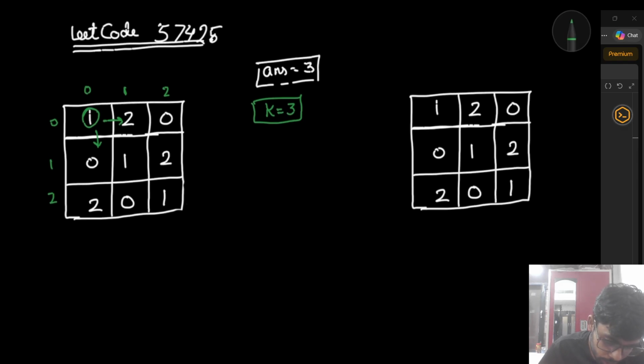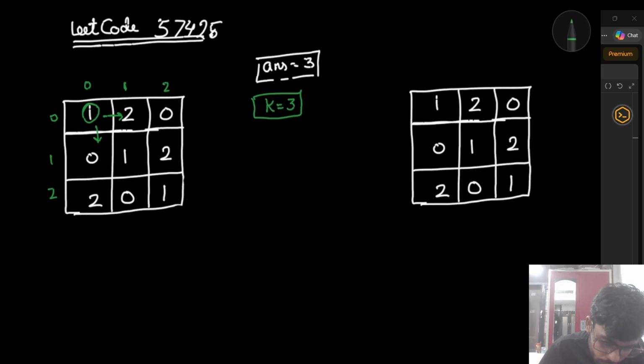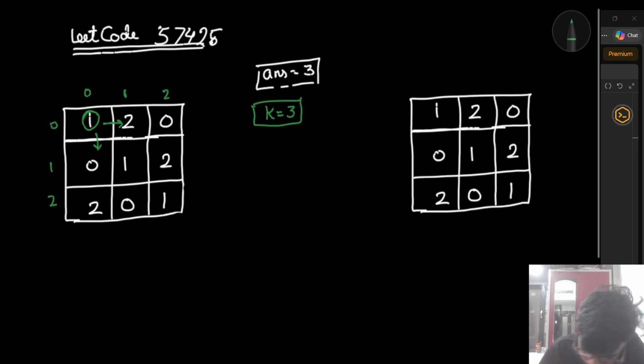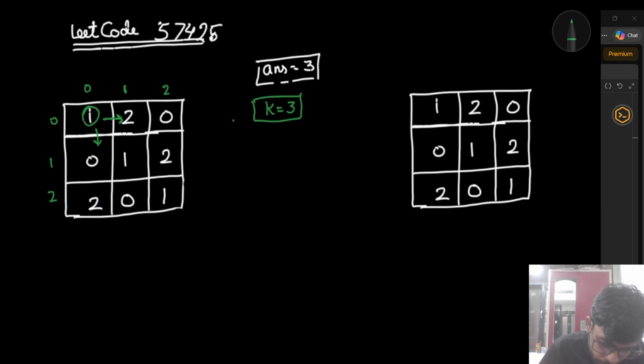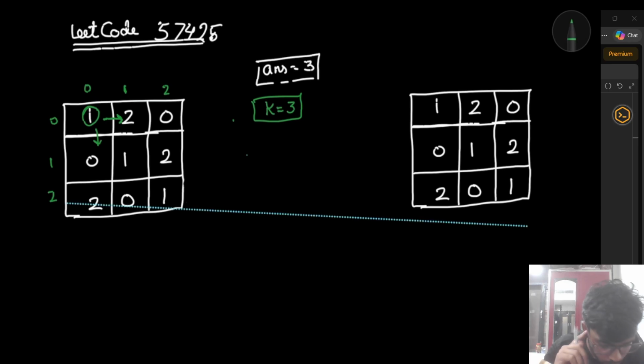So the idea is that we will be moving to every cell and getting the best option. We will explore all the options. When I move to this cell, I will explore all other best options to reach this end, and when I am at this cell, I will do the same.